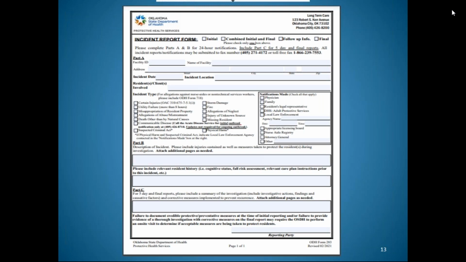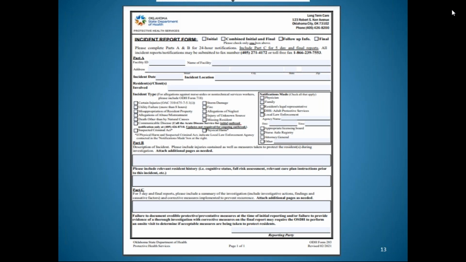I was totally floored. However, 2020 came along with COVID. And guess what happened with these reports? They skyrocketed. In 2020, OSDH received over 45,000 reports.